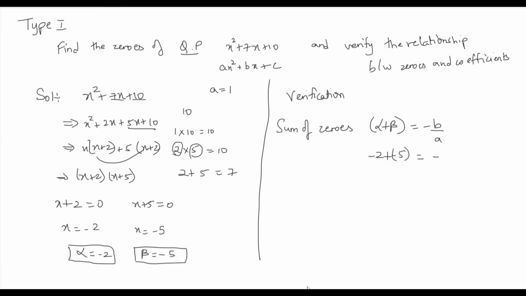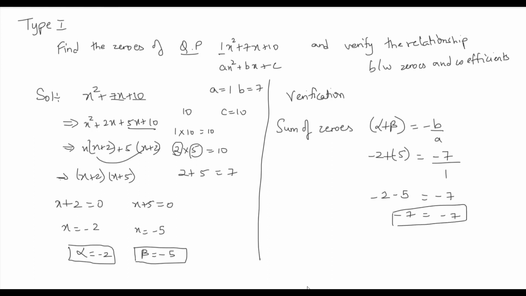Therefore, a is equal to 1 as there is no coefficient, so we should assume that it is 1. And in the place of b, it is 7 and c is 10. So let's just put those values in here. In the place of b, I'll substitute 7. In the place of a, I'll substitute 1. Therefore, it will be minus 2, minus 5, minus 7. Minus 7 is equal to minus 7.